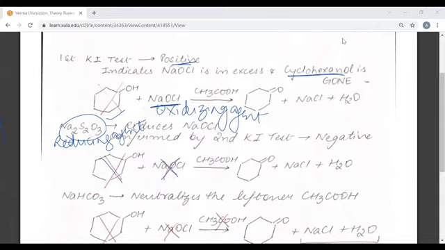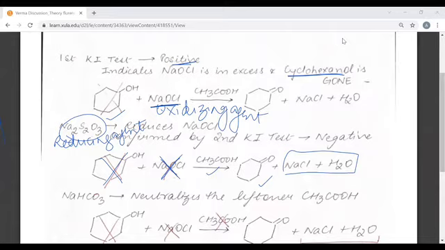So we know that our alcohol is done. We know our bleach is done. What else is left? Acetic acid, our product, and NaCl and water.